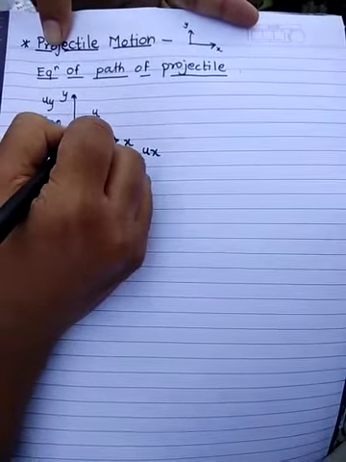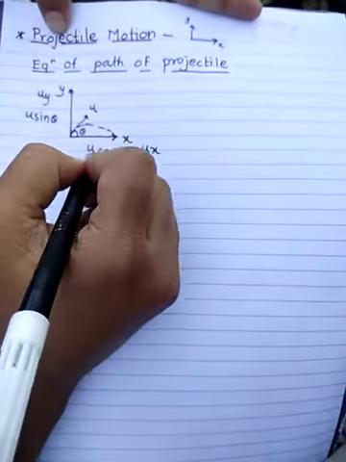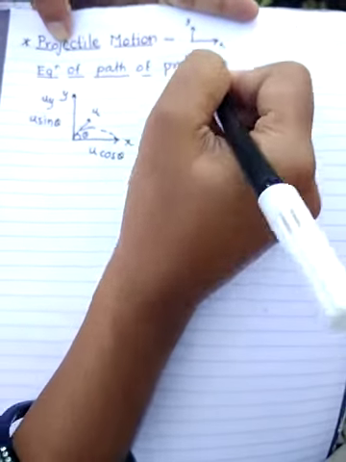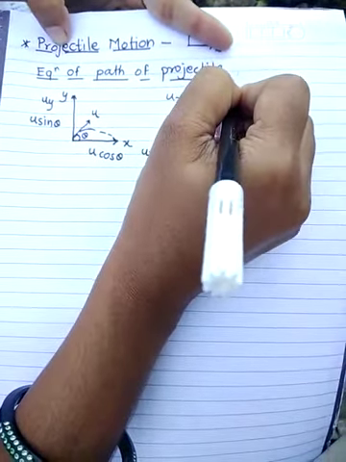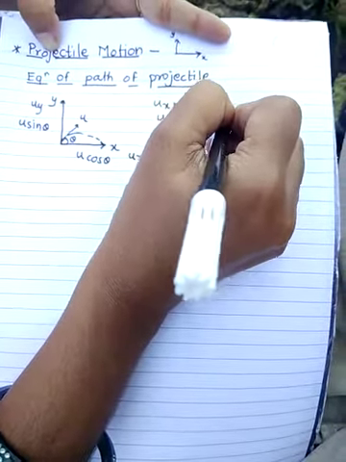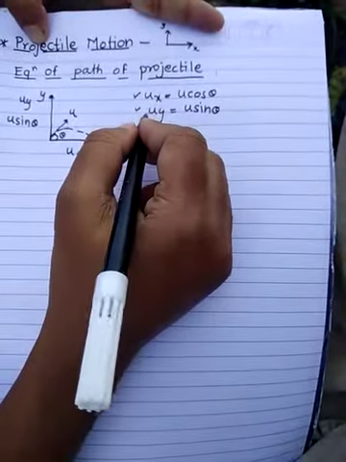So it is the angle theta we are considering. The horizontal component is ux equals u cos theta and the vertical component is uy equals u sin theta.